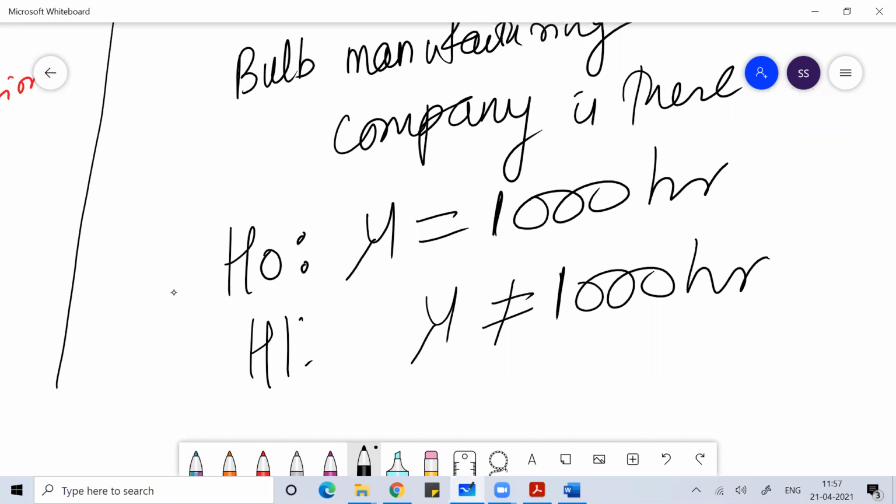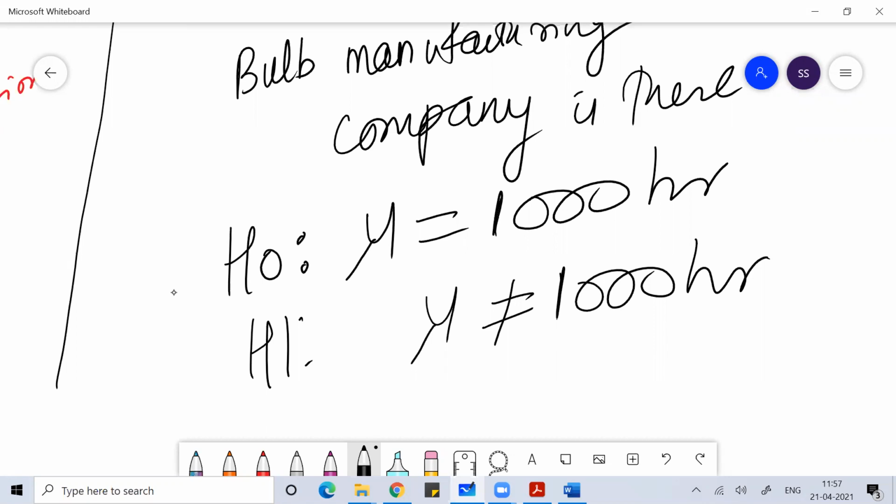Then automatically this company will lose its market significance, because the customer will not be happy with its bulb, as other bulbs stay for a long time and this company's bulb does not. People will be dissatisfied with the product, and people will stop buying this bulb.